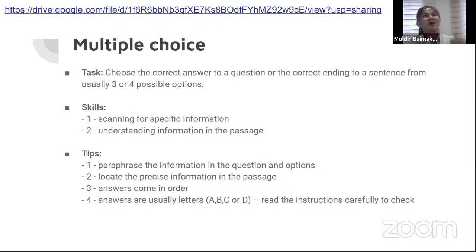Of course, I'm not saying it's going to be wrong all the time, because after you read you will know what's going on, and some questions are really obvious. In that case, I recommend circling this answer in the multiple choice, but still try to make sure and justify your answer.